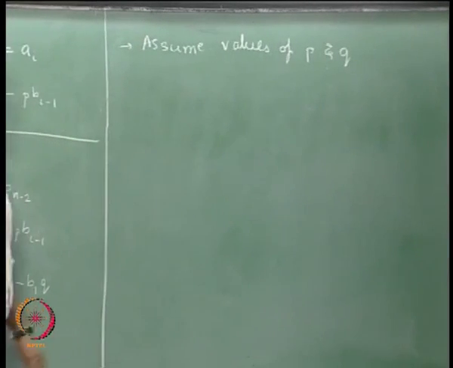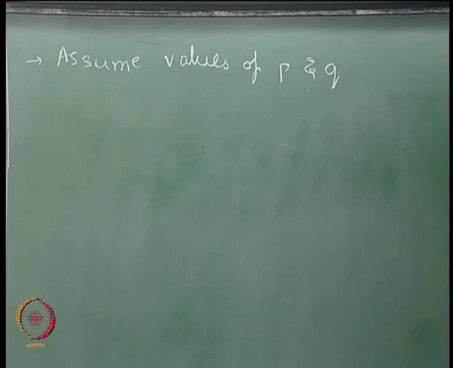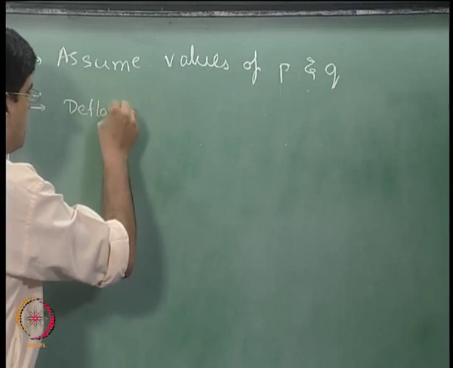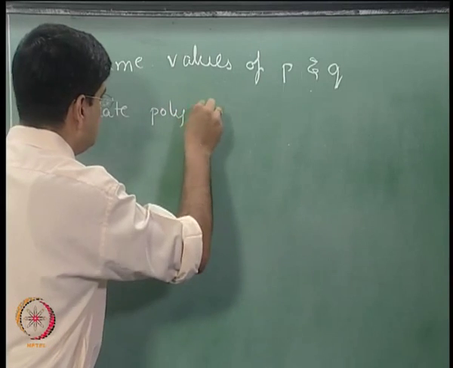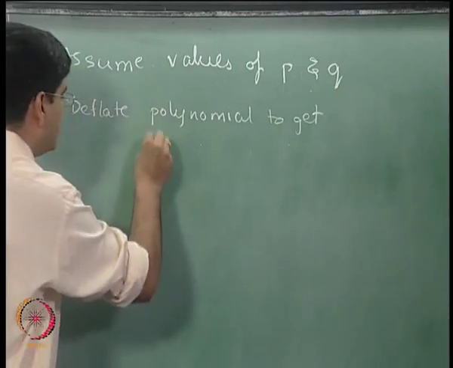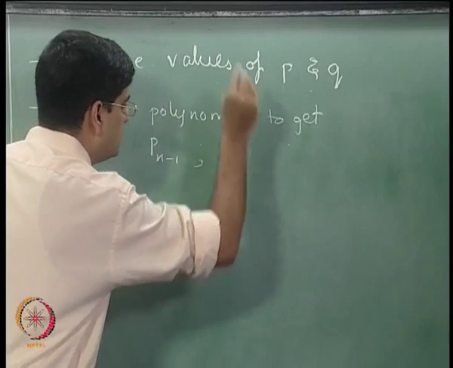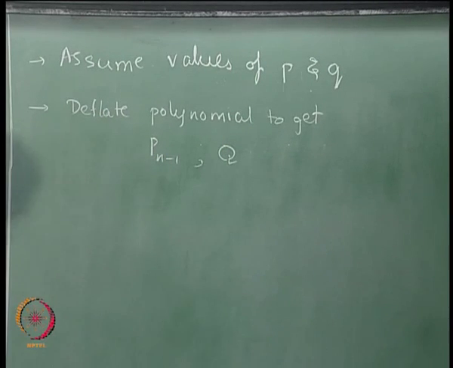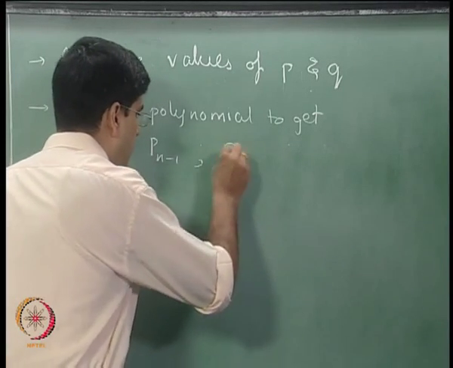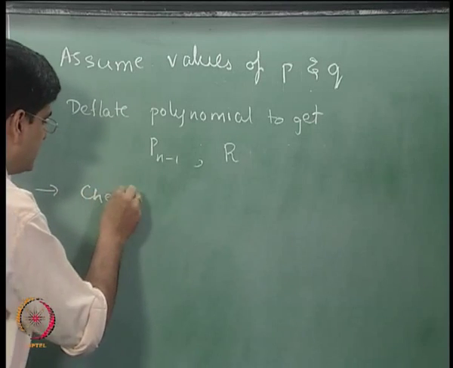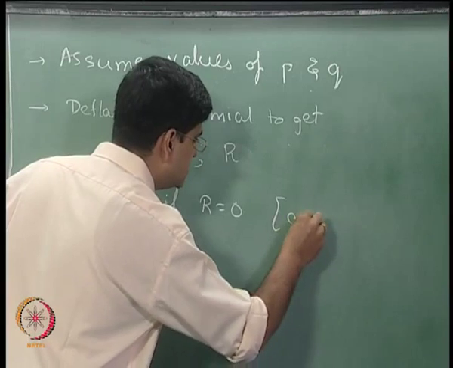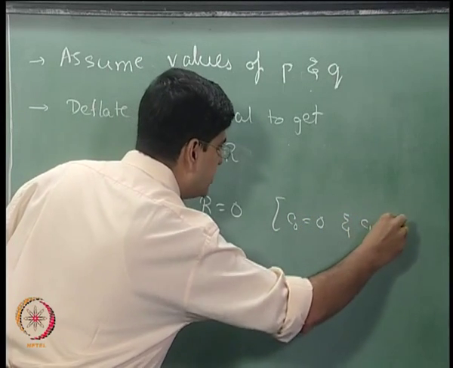Once you assume the values of p and q, we basically deflate the polynomial to get Pn minus 2 and R. Check if R equal to 0, or in other words c0 equal to 0 and c1 equal to 0.